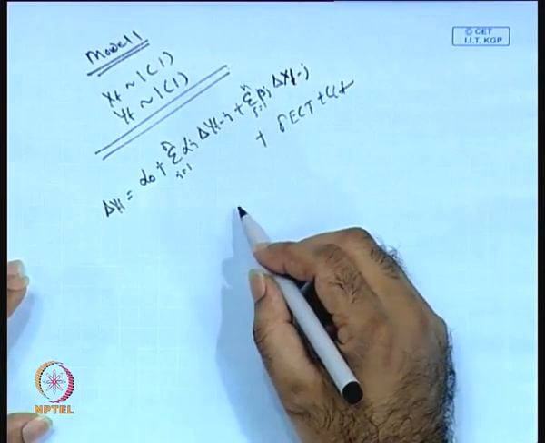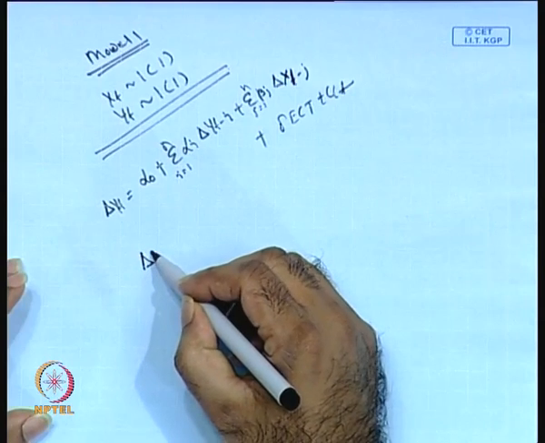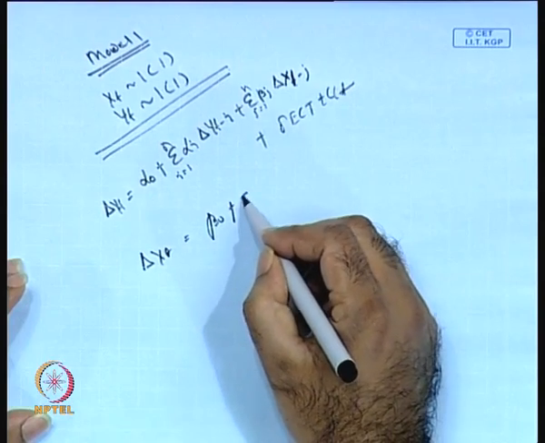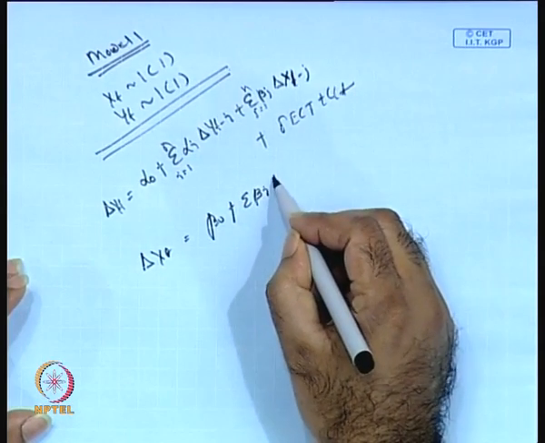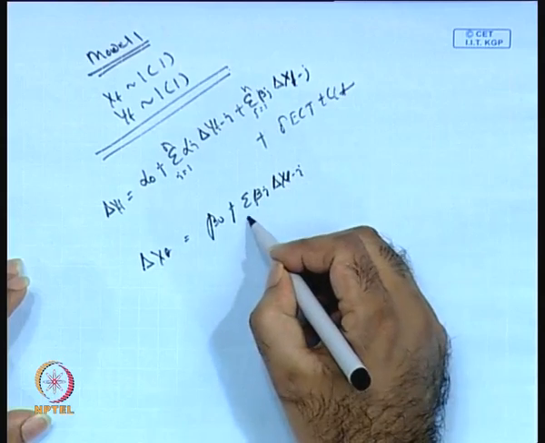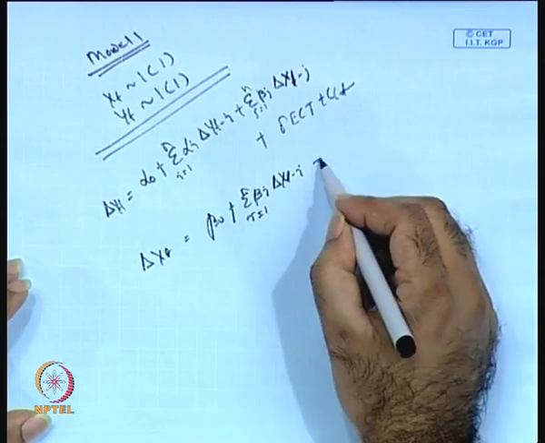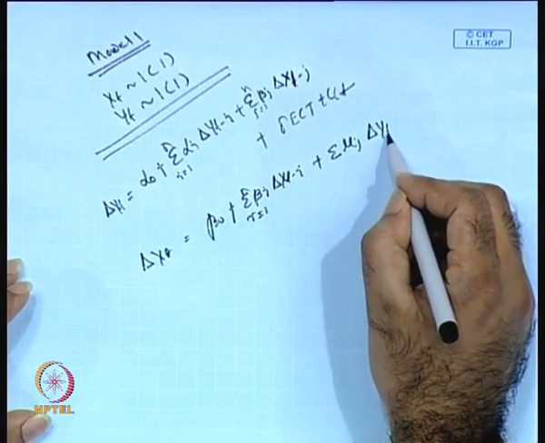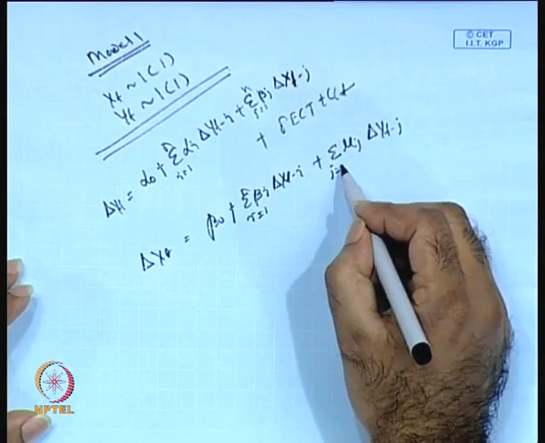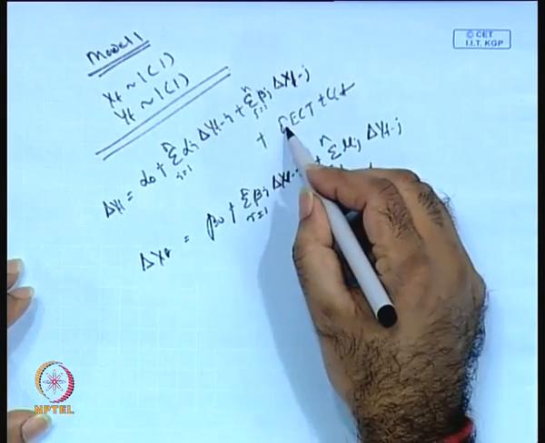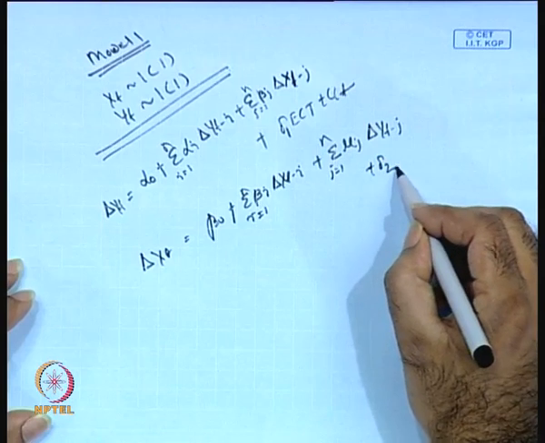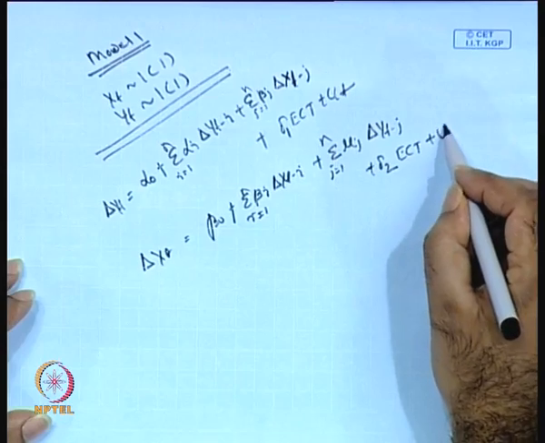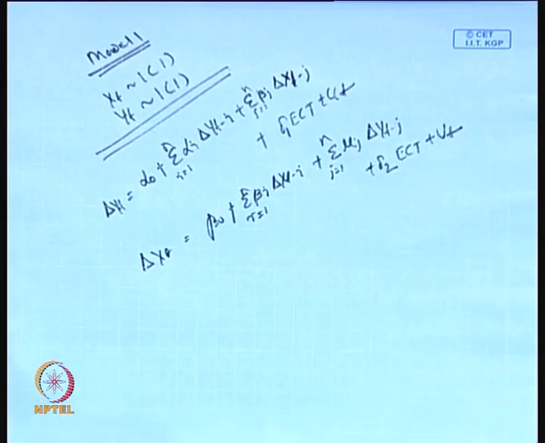This can be one model, and for another model I will calculate delta xt, which is beta 0 plus summation beta i delta xt minus i, i equal to 1 to n, plus summation mu j delta yt minus j, j equal to 1 to n, plus delta 2 ECt plus vt. So this is another form of the model.